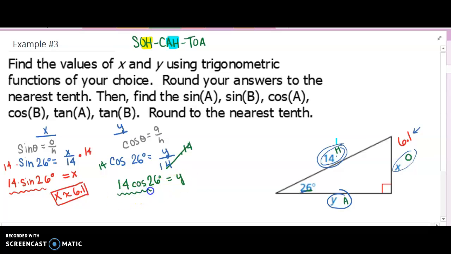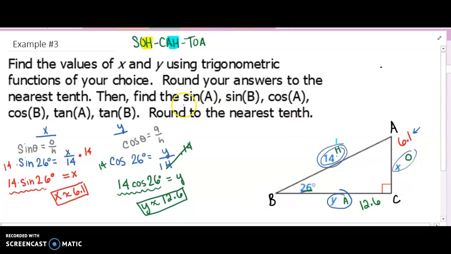And then I'm just going to plug this into my calculator. And I get that y is roughly 12.6. So I'm going to put right here 12.6.